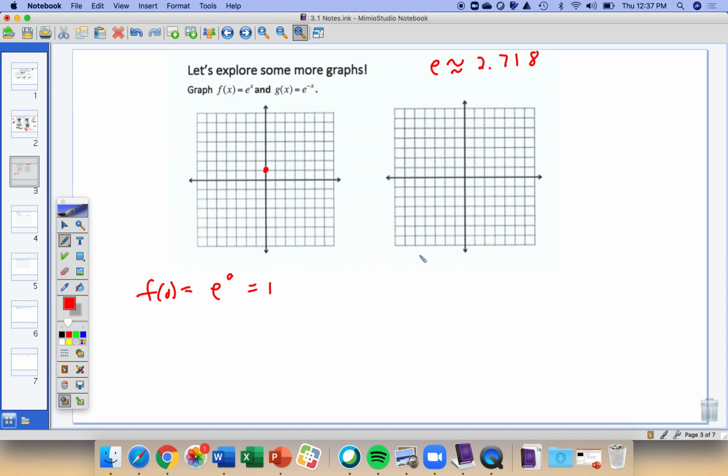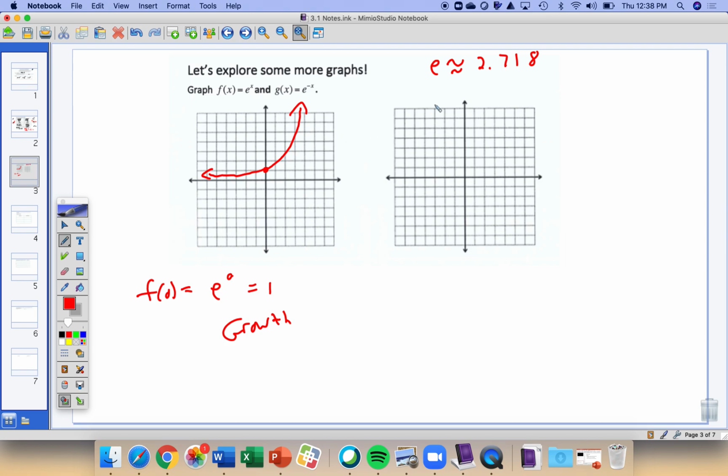And what you learned in the investigation last week is that if this base is bigger than 1, it's exponential growth. So we know this thing is growing exponentially, like so. And then it has a horizontal asymptote, so it should look something like this. And if you want to graph it on Desmos, you could. So this is exponential growth.